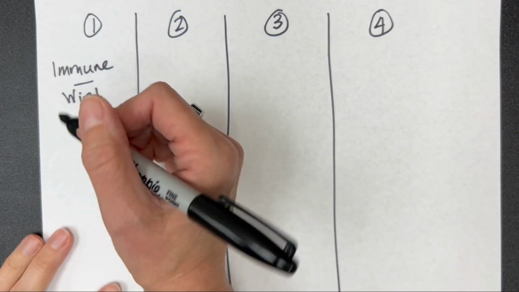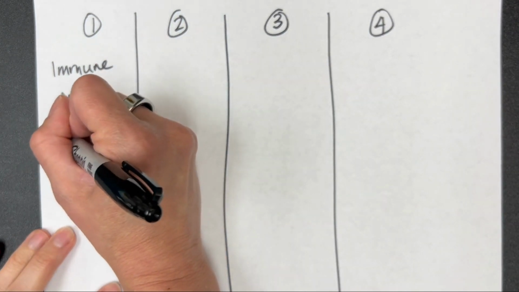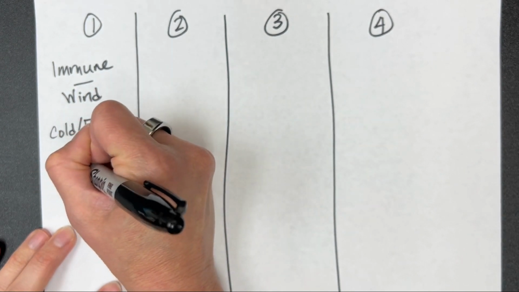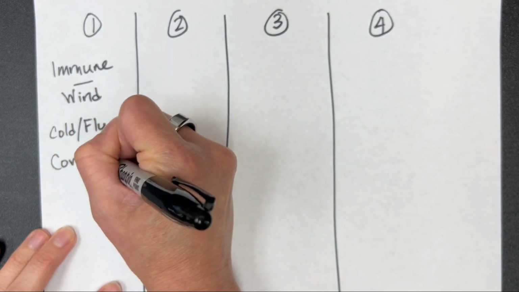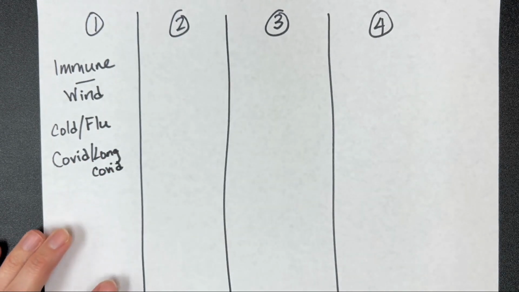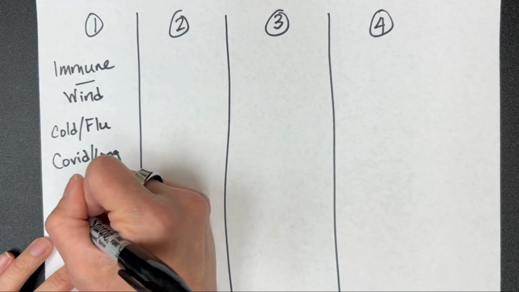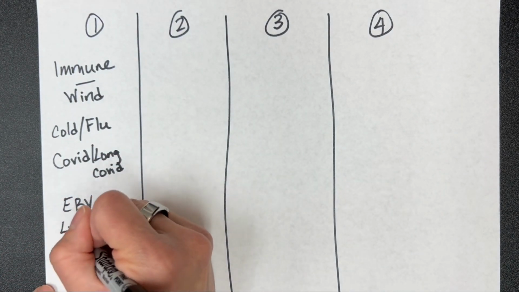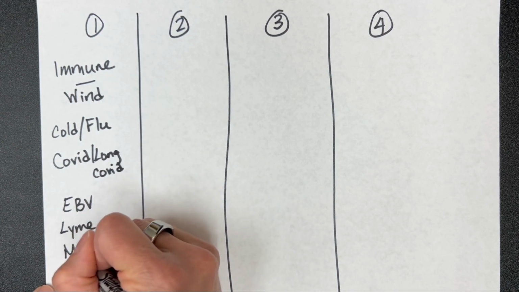And so this could be anything like a cold or the flu. This could be COVID and long COVID, so that long-lasting COVID infection. It could be reactivated Epstein-Barr virus. This could be Lyme, mold.